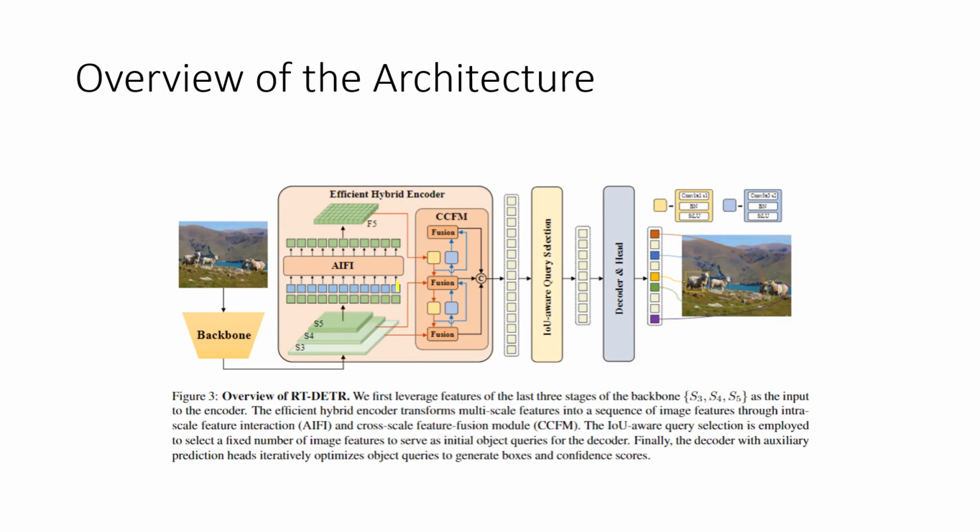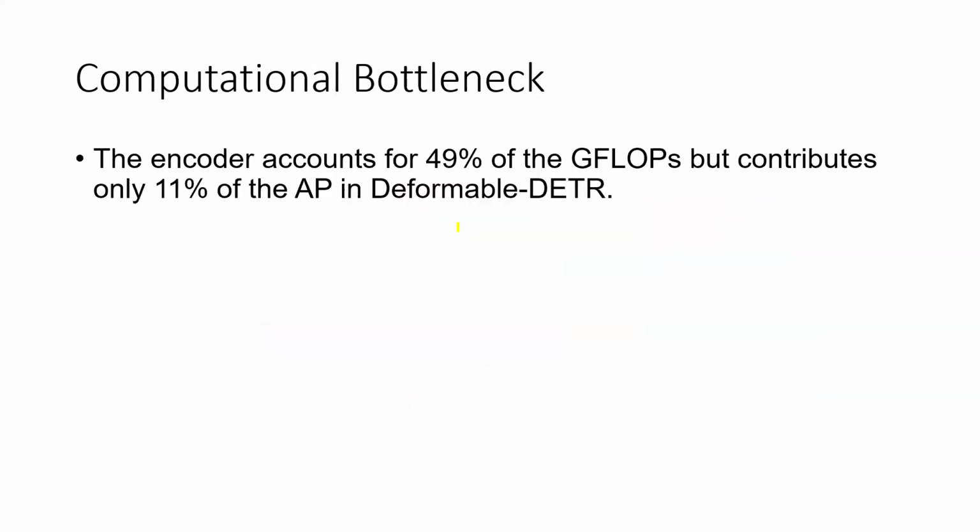For DS5, they just took this one layer and used it in the AIFI module and created the F5 feature map. Then they fused all the features, S3, S4 and F5, together with the CCFM module and created the query for the decoder.